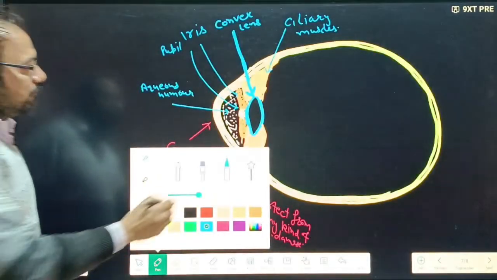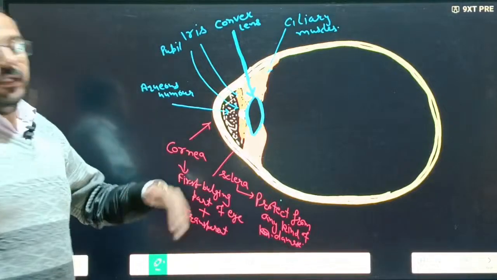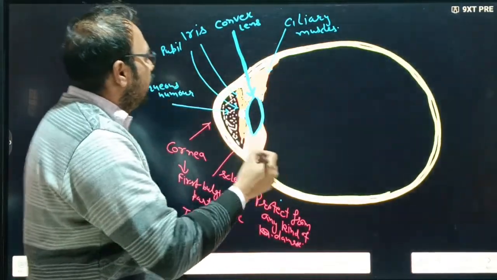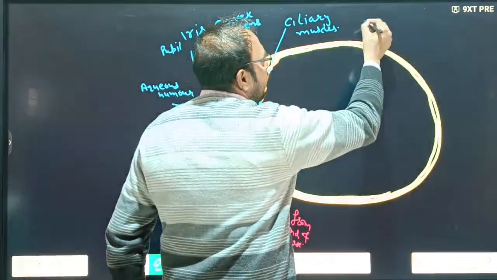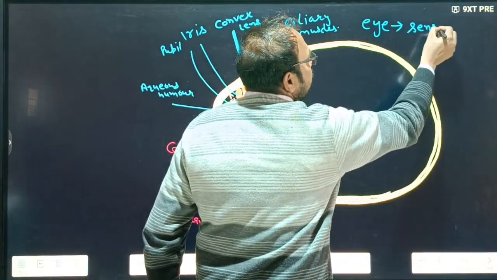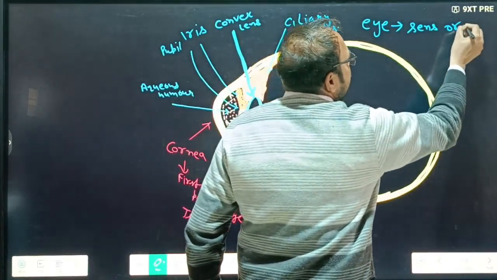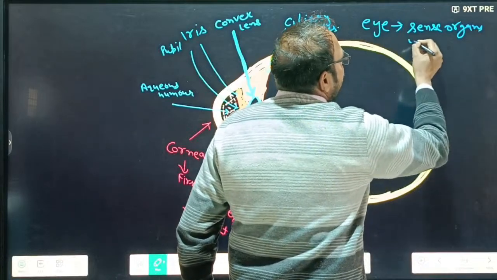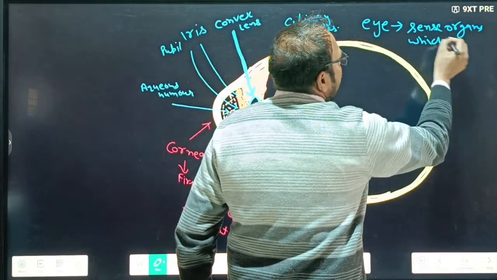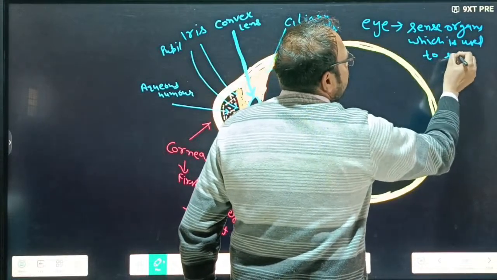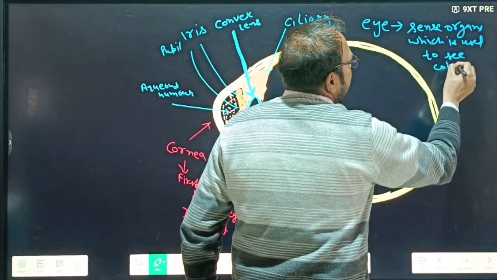So basically, the eye is a spherical ball shape, and it is a sense organ. So how do we write? First, the eye is a sense organ, which is used to see the colorful world.